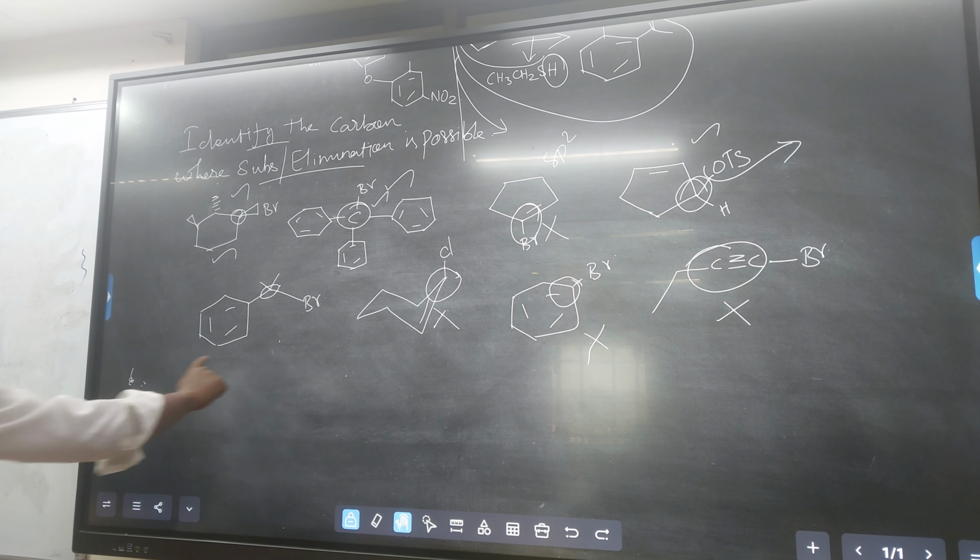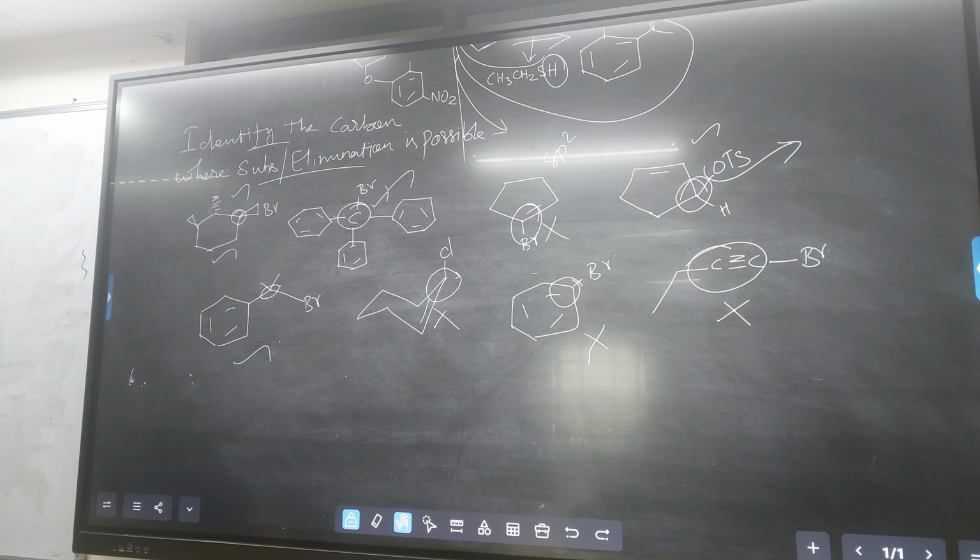Here possible. Here possible. What are the conditions to be possible for elimination and substitution? An sp3 hybridized carbon follows the SN2 mechanism.